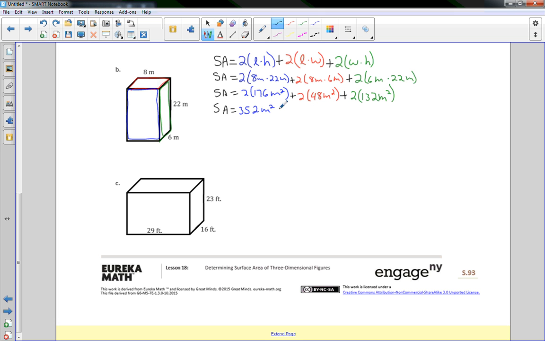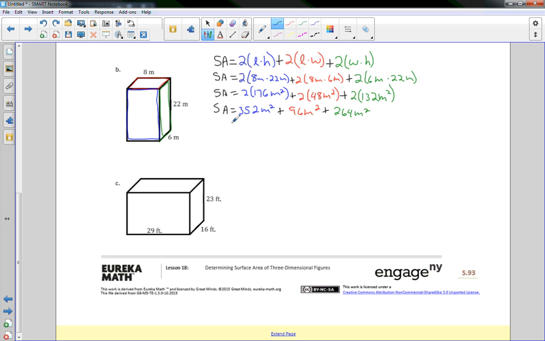plus my top and bottom will be 96 meters squared, 2 times 48, plus 2 times 132 is 264 meters squared.